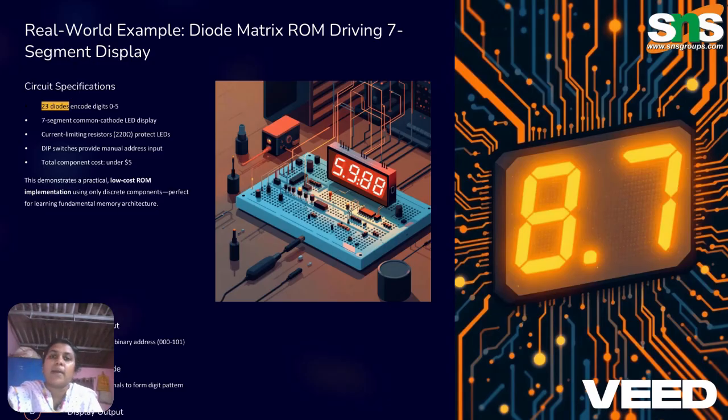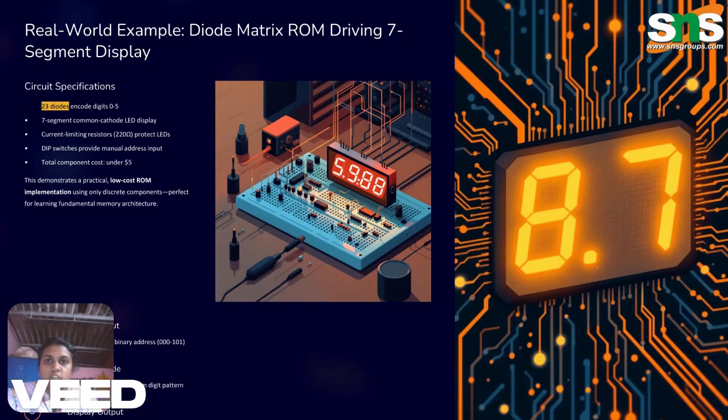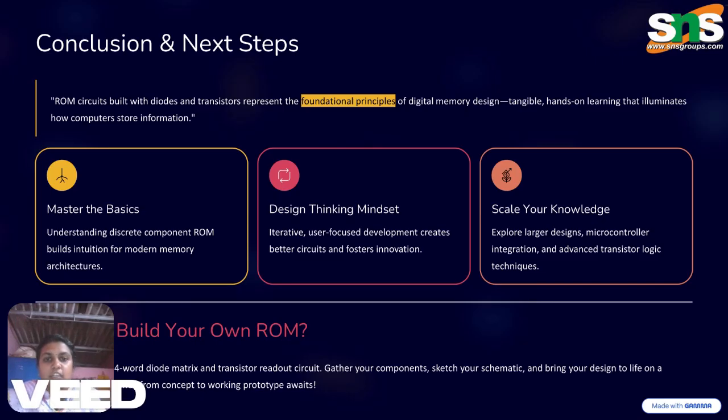A diode matrix ROM can be used to control a 7-segment display, which is commonly used in digital clocks, calculators and counters. Each memory address in the ROM corresponds to a digital input, and the ROM outputs the correct combination of signals to light up the segments of the display. And then finally, conclusions.